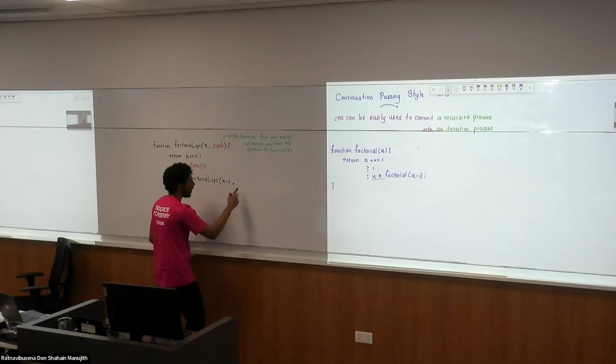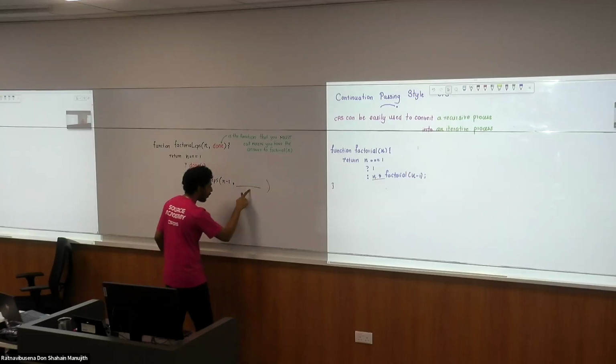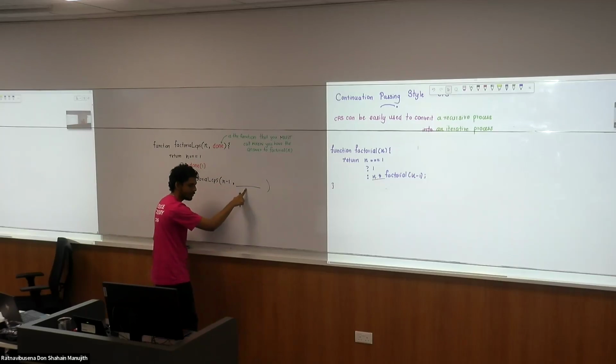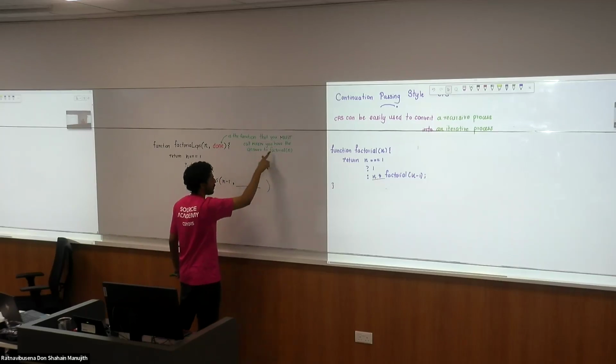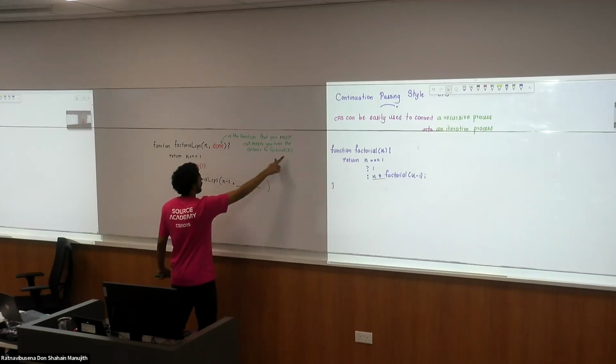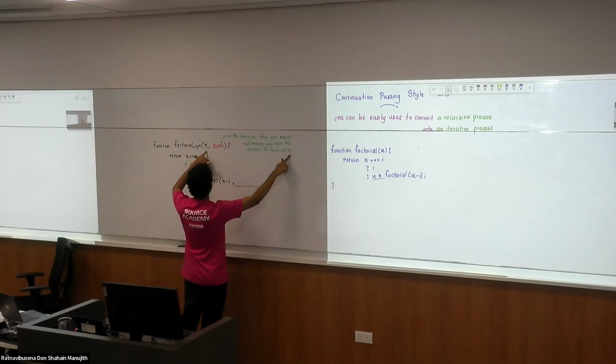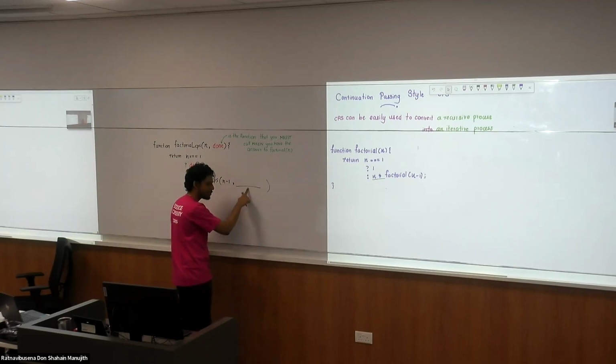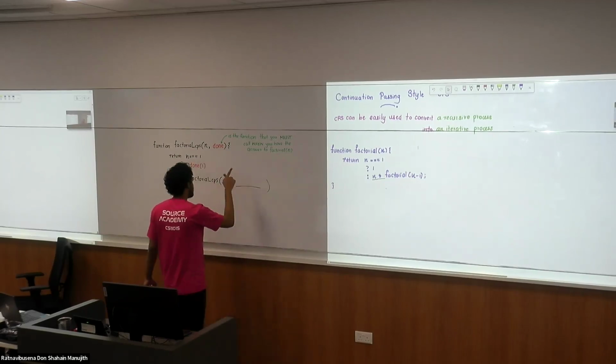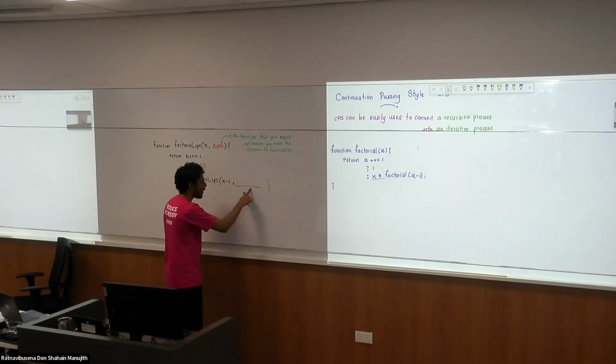So this function, whatever you write here, will be called with the answer to, remember, this is the function that you call when you have the answer to factorial n. So when it's n minus 1, this is the function that you call when you have the answer to factorial n minus 1, because this is n minus 1 here.